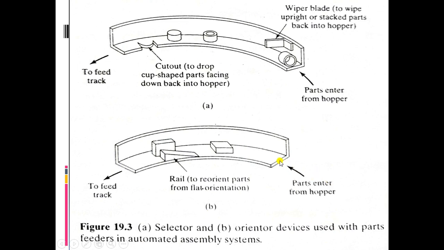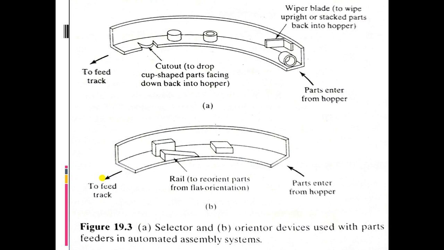So the parts will enter from the hopper. It will come here. If some portion is coming over this, that will be rotated because of the elevation, and the part will be like this. Then it will go to the feed track. So that is how they are selected properly, and they are oriented properly.